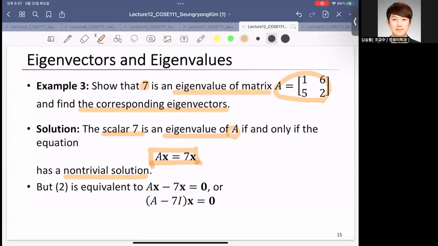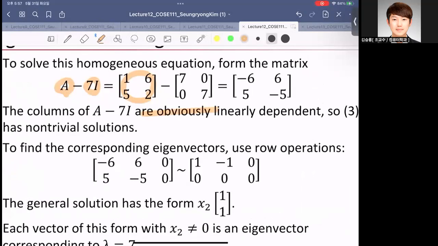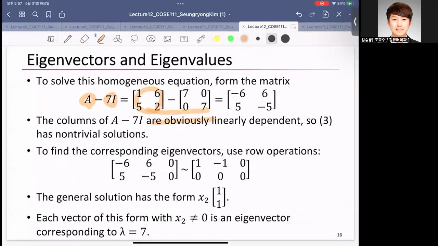Let's say this is equation 2, which is equivalent to Ax minus 7x equals 0. In other words, A minus 7I times x is equal to 0. A was 1, 5, 6, 2, and 7 times the identity matrix is 7, 0, 0, 7, which gives negative 6, 5, 6, negative 5.